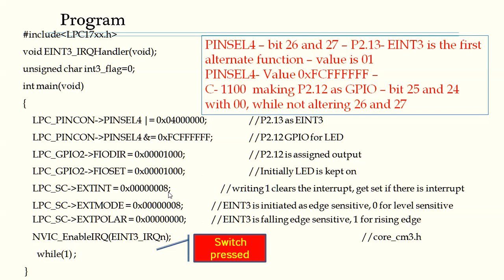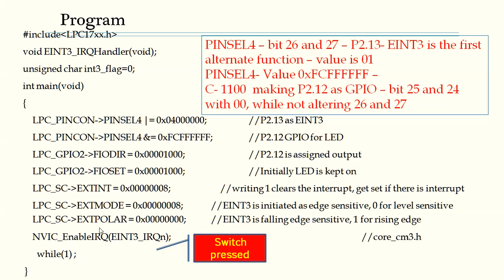And then we call the interrupt function. Now what happens here is the controller is executing all these, and you have enabled the external interrupt 3. Somewhere after enabling, the controller is doing some job, and then there is a switch that is being pressed. What happens?